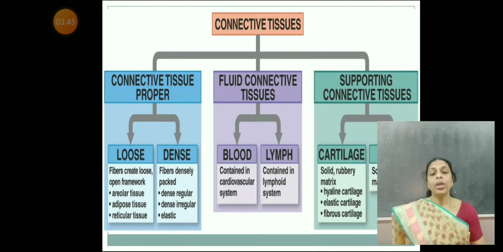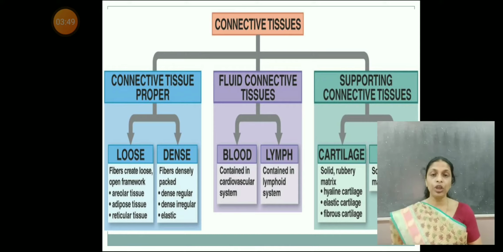Now that is about connective tissue proper. Hope you got it. So connective tissue proper is again divided into loose and dense connective tissue. In loose connective tissue there are different types; we have to study about adipose and areolar tissue. Whereas dense connective tissue is again divided into dense regular and dense irregular.